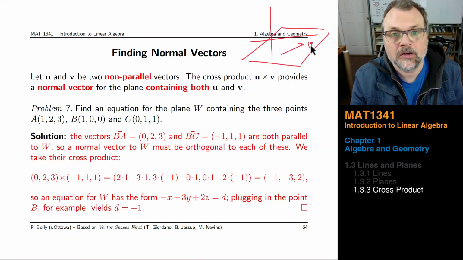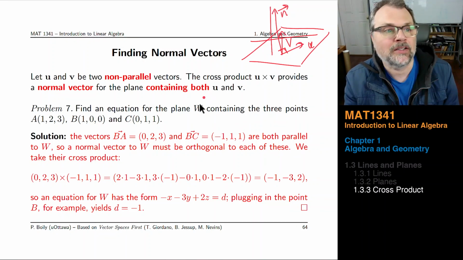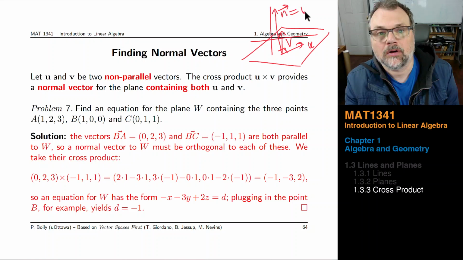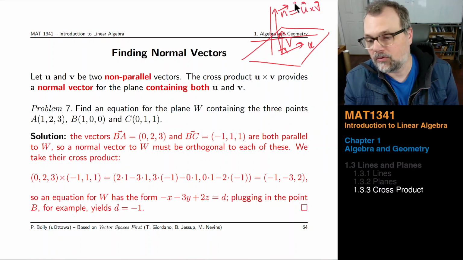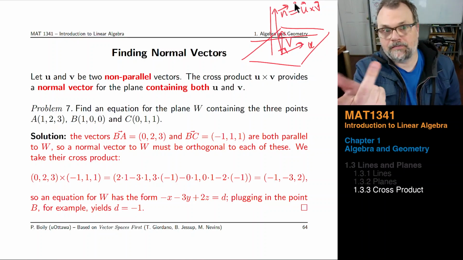If U is here and V is here, then the vector that pops out at a 90-degree angle here, which is the normal vector, is going to be parallel to U cross V.